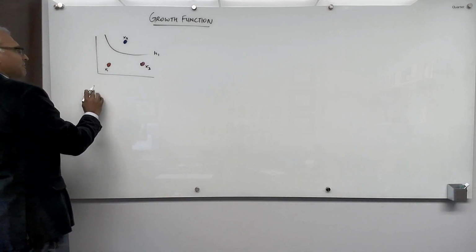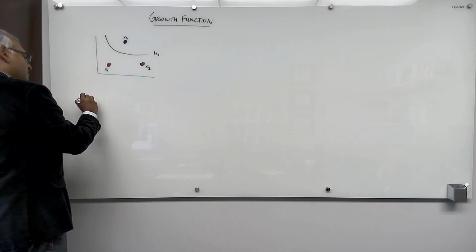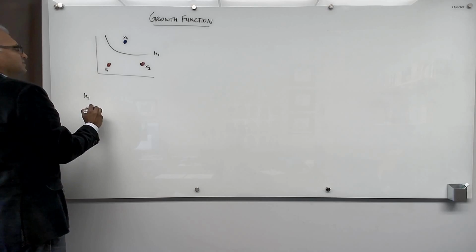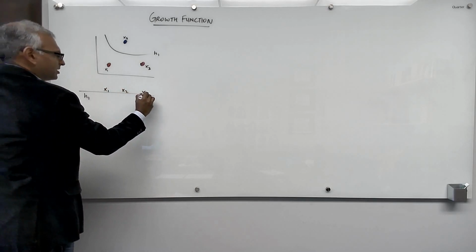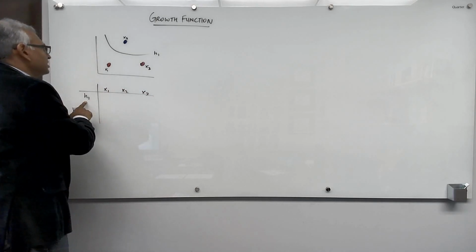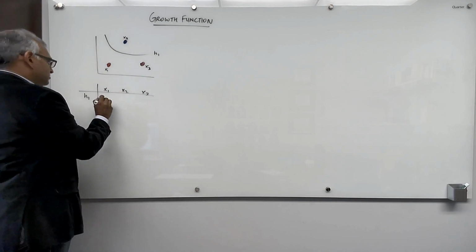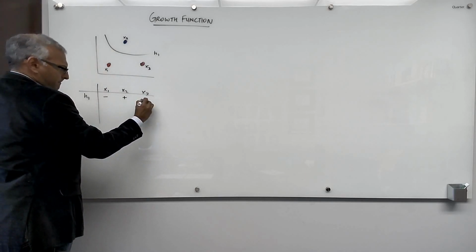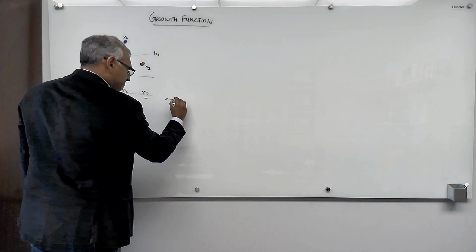Now on these 3 abstract points, we say that the hypothesis H1 implements the dichotomy minus, plus, minus. This is called a dichotomy.